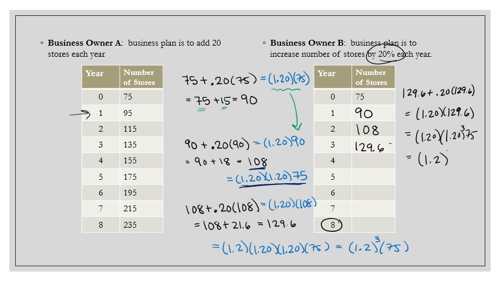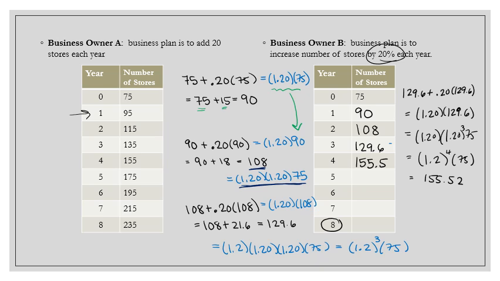So we really want 1.2 to the fourth power times 75. Plug that in, and this is equal to 155.52. I'm just going to use 155.5 in the table, okay?